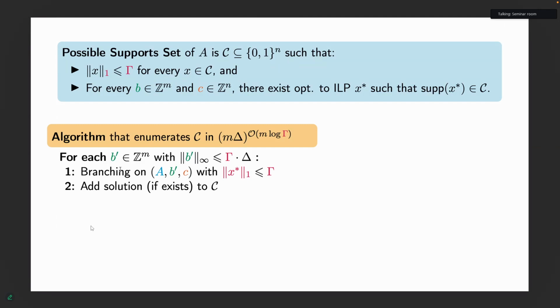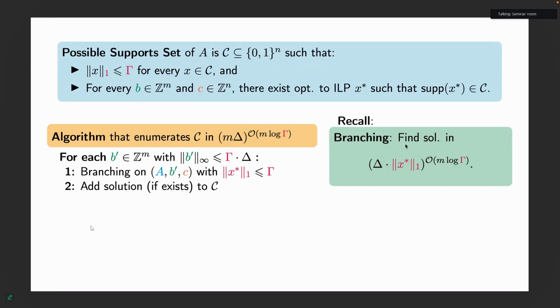And the nice thing about B is that I will do this for every B, and because it's small, it will work. And then I solve this and add this solution to my candidate support set if it exists.